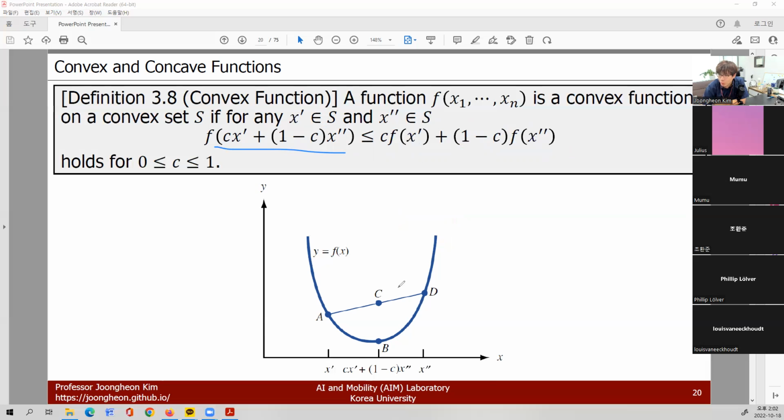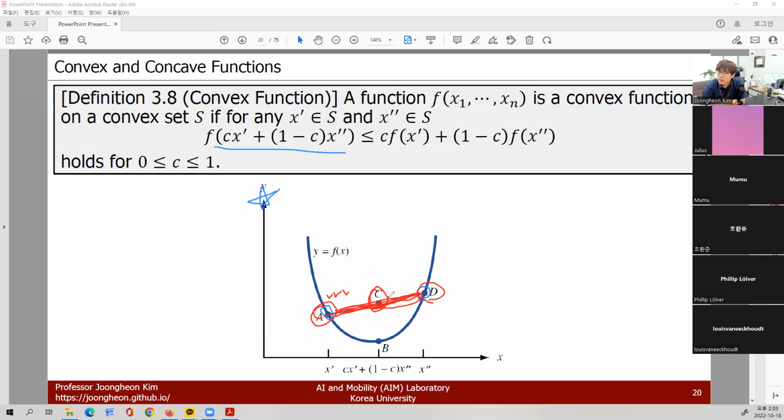Then you have to look at the illustration below and understand what convex is with this illustration. You have this curve, and you put two arbitrary points over here, A and D. You make a line with A and D, and then you pick any point on the line AD.